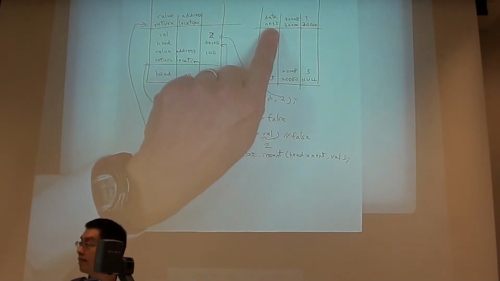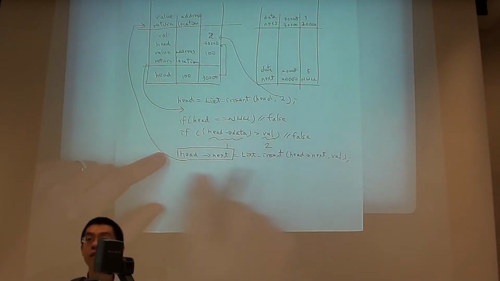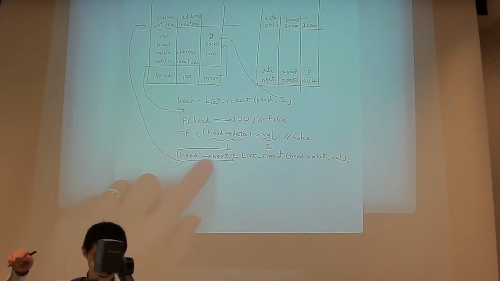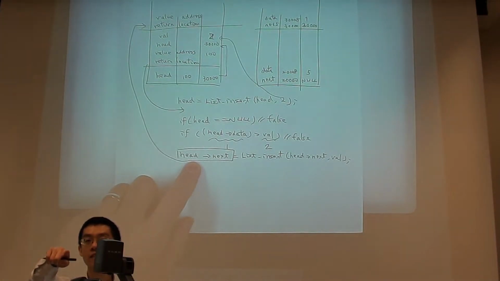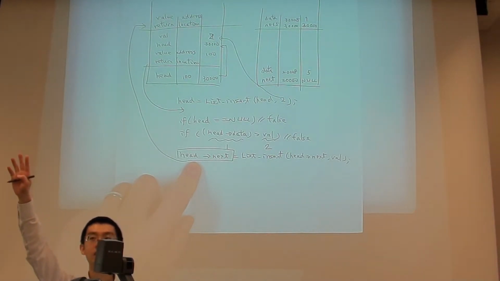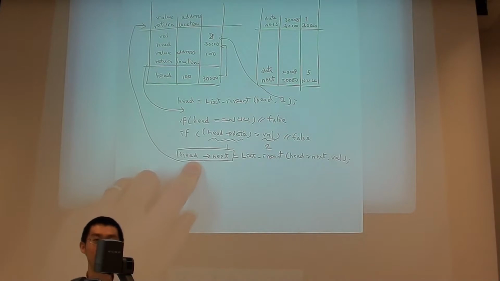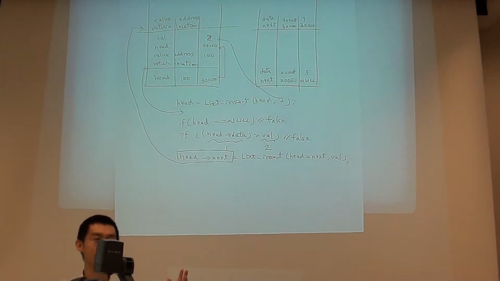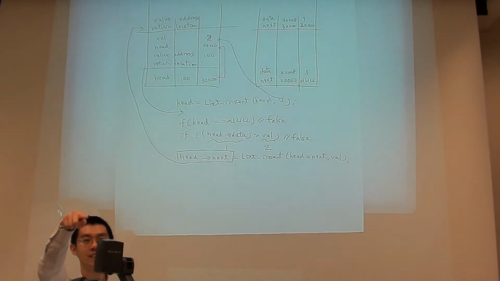Head next is this one. What's the address of this thing? 30,000? What's the address of this thing? 30,000. Louder. 30,000. Who thinks 30,000? Raise your hand. Who thinks 20,000? Okay, for those people that have not raised the hand, what do you think? 20,000. You think 20,000?